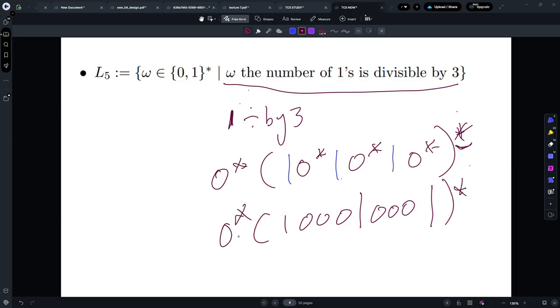Then, of course, it can start with as many zeros, but if we give that option here as well, it doesn't really matter, right? Because you already completed the iteration. The number of zeros do not matter, but the number of ones must be divisible by 3, and that's what all matters. And if you do this, you will always have a number of ones that will be divisible by 3.